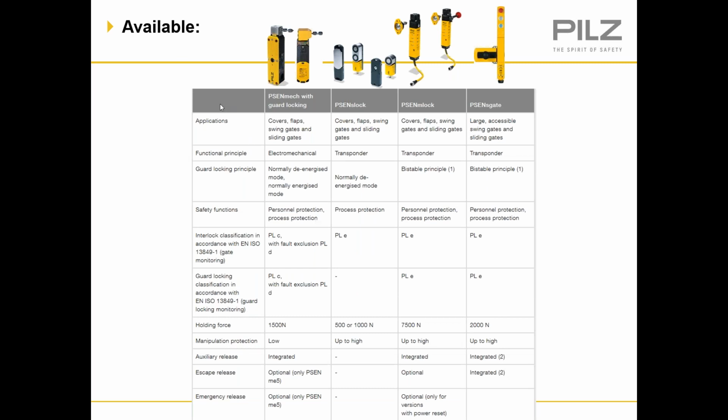And then to run through on this slide, a selection of our powered interlocking devices. The applications for all of them can be covers, flaps, swing gates, and sliding gates, apart from the PSEN gate, which is typically used for large accessible swing gates and sliding gates.